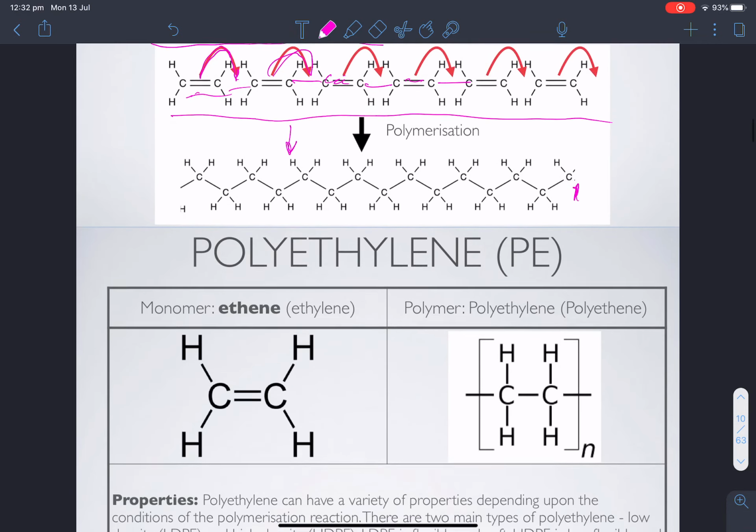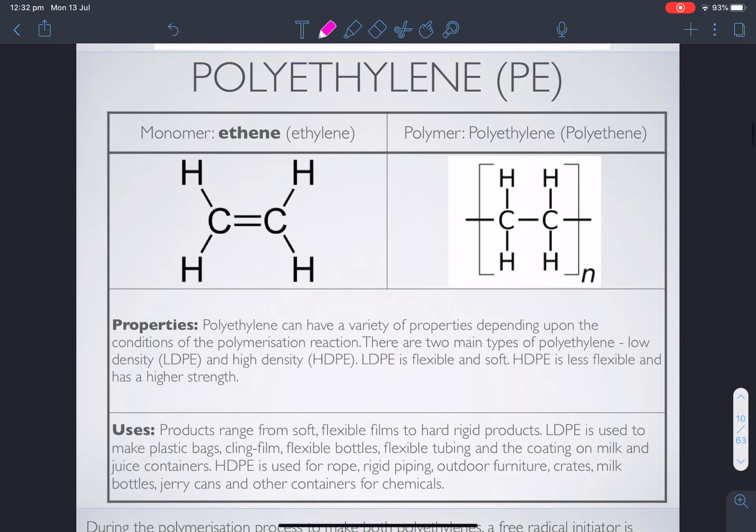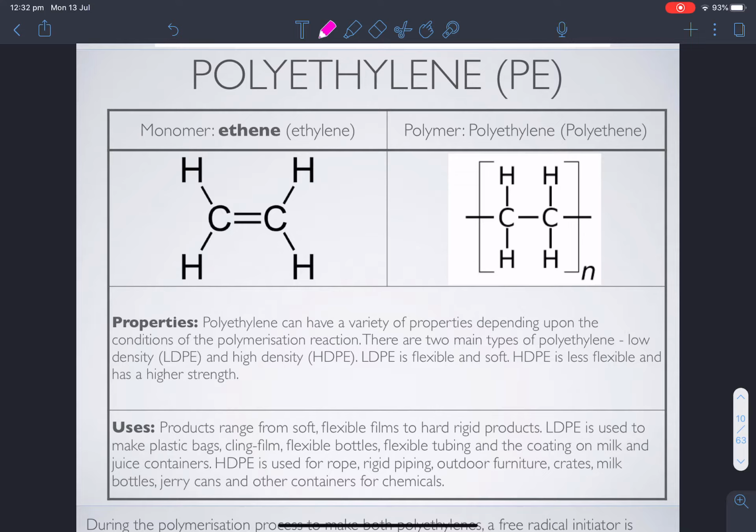Okay, so PE, polyethylene, notice the polyethylene is still sticking to the old name. So the monomer for polyethylene, the recognized name ethene, the old name is ethylene. There's the structure there. 2 carbons, double bond between them, and then the 4 hydrogens.